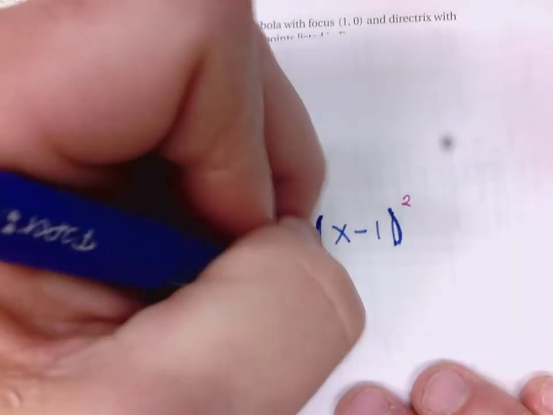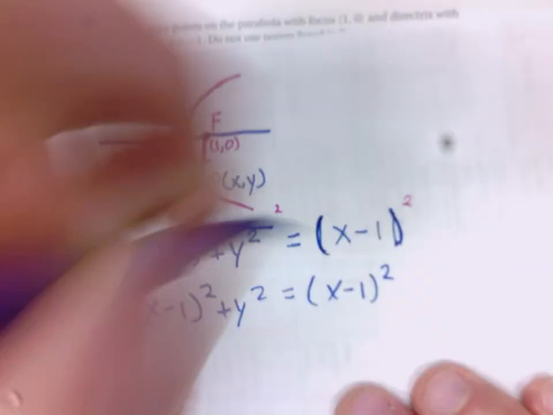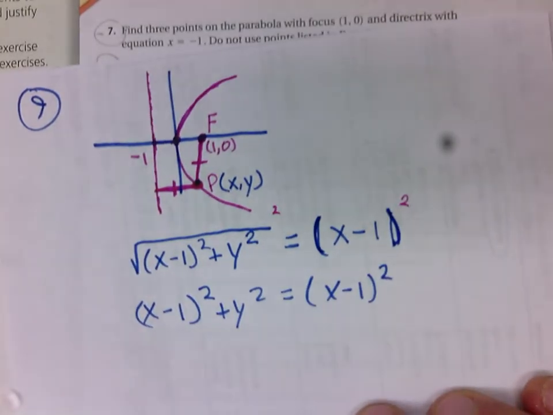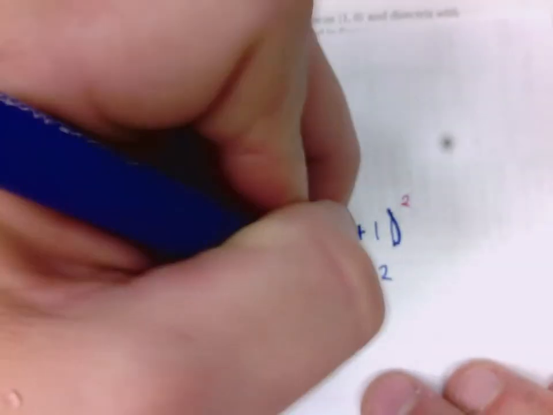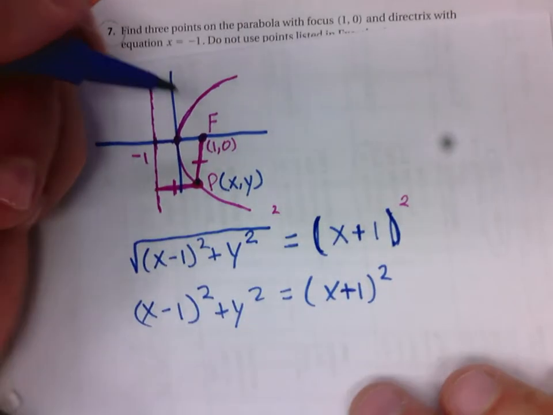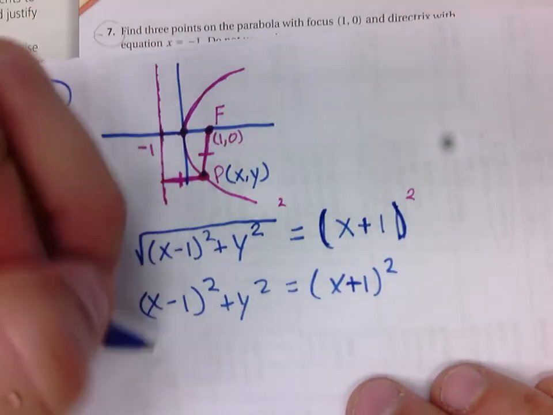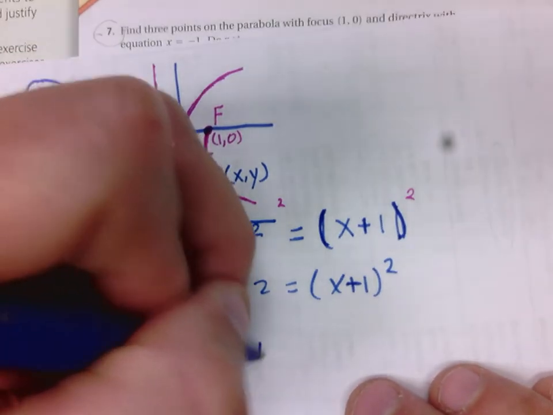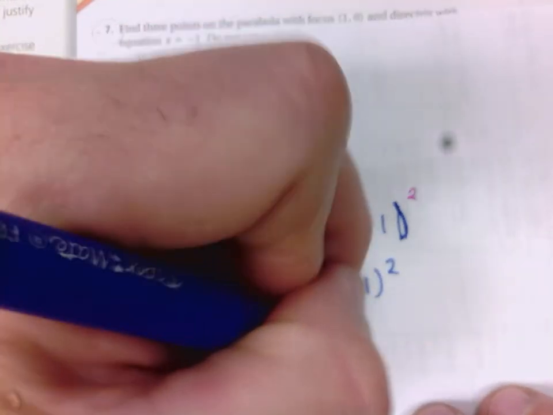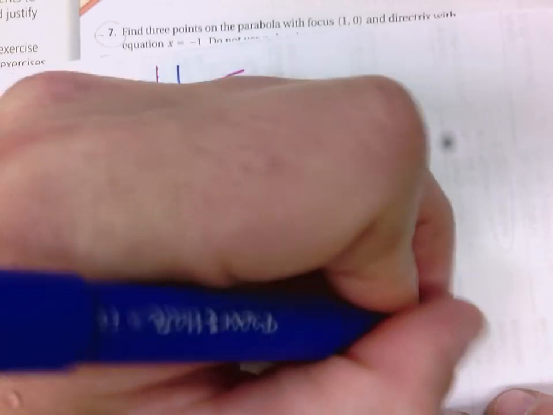Look what I have on the right side, x minus 1 squared. Oh actually, never mind, I made a mistake guys. This should be a plus 1. They shouldn't cancel out. So now we're left with x squared minus 2x plus 1 plus y squared equals x squared plus 2x plus 1.